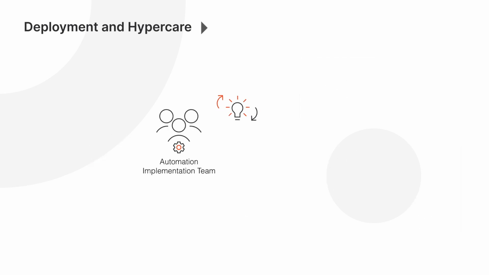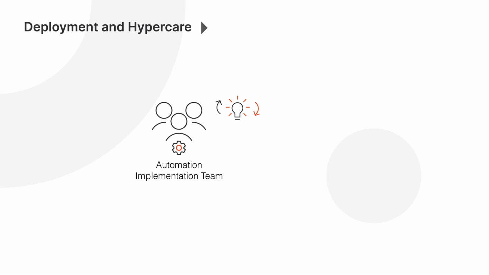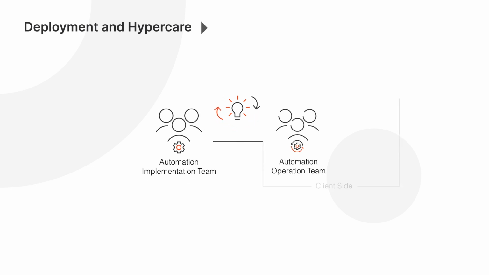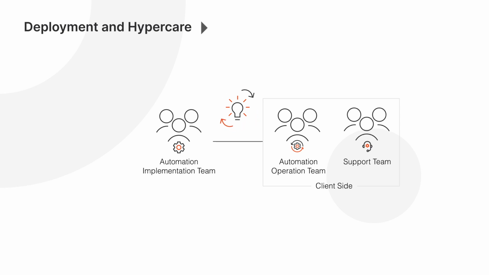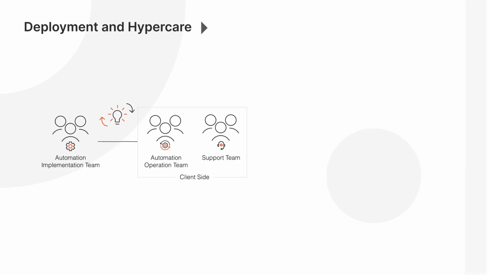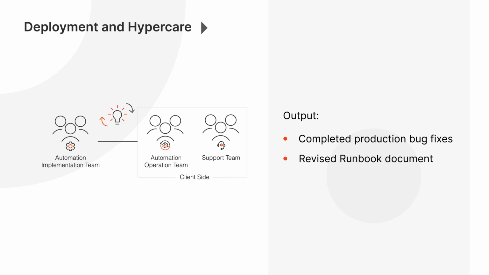During hypercare, knowledge transfer should be initiated by the automation implementation team towards the automation operations team and the long-term automation support team. This will enable them to take over the automation management confidently. By the end of this stage, the production bug fixes are completed and the runbook document is revised.